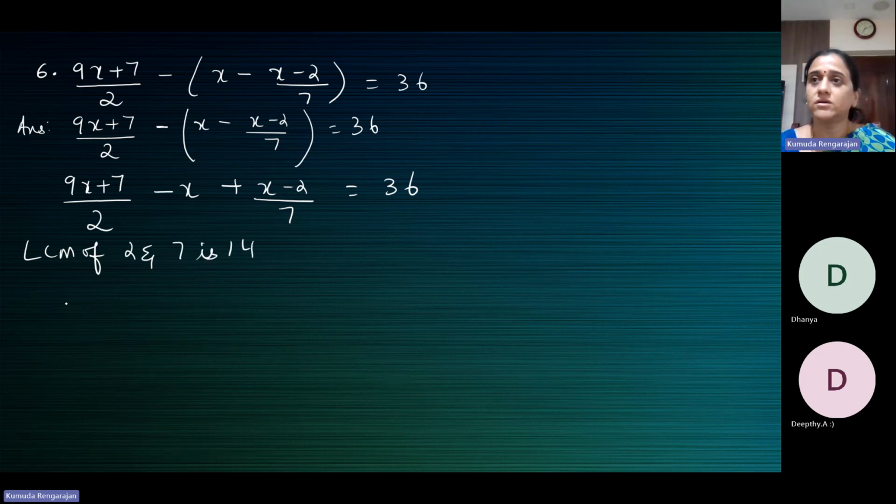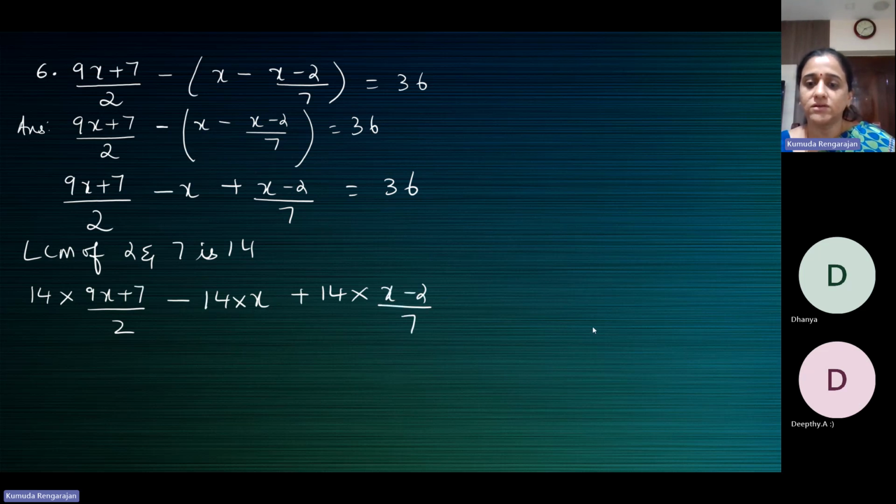Next step: 14 into (9x plus 7 by 2) minus 14 into x plus 14 into (x minus 2 by 7) is equal to 14 into 36.